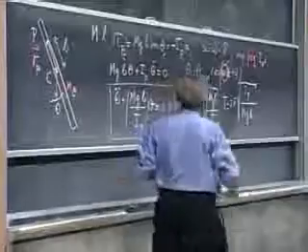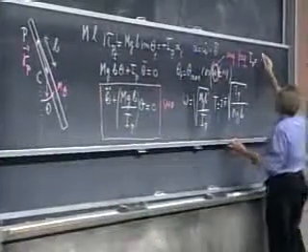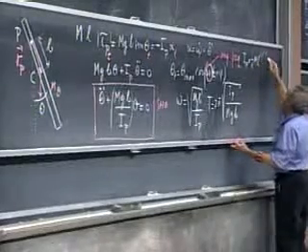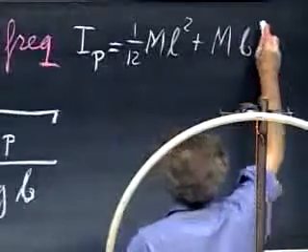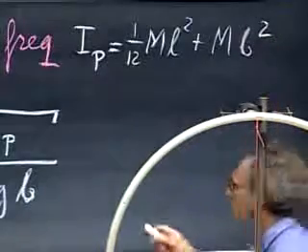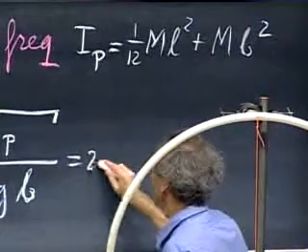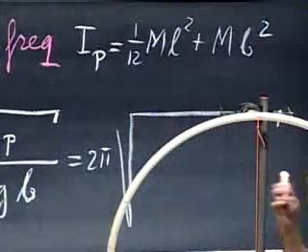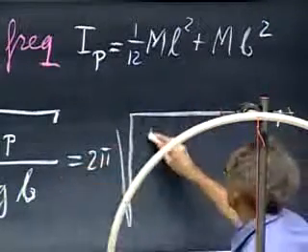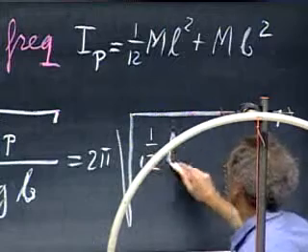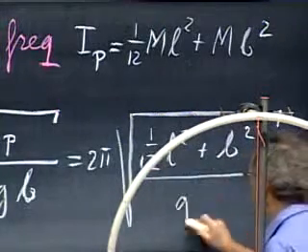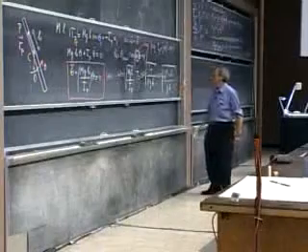We did something similar there. So this is 1/12 ml squared plus m times b squared, parallel axis theorem. And so now we find that the period is 2 pi times the square root of, I lose my m, so I get 1/12 L squared plus b squared, and I get here g b.